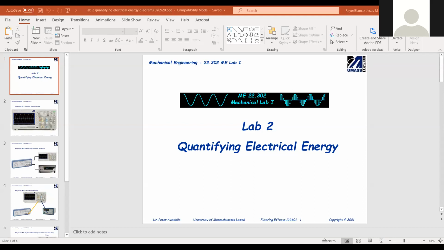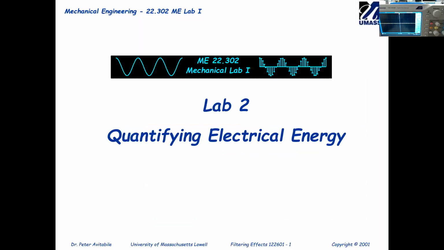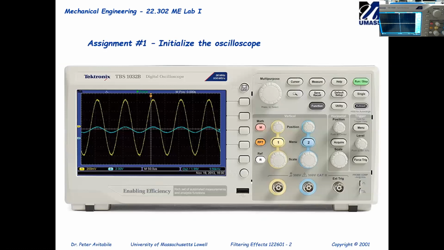So we're gonna do a quick review of the setup that we're gonna have for today. The first one is gonna focus solely on the oscilloscope. We're gonna be adjusting the vertical controls for channel 1 and the horizontal controls again.